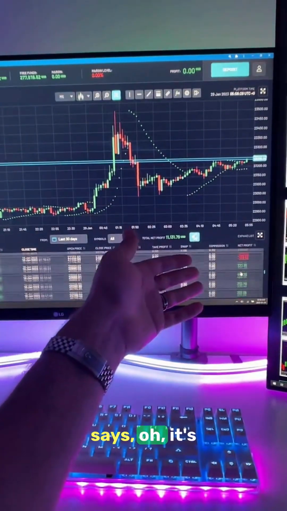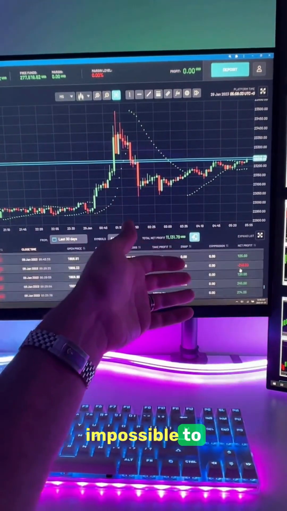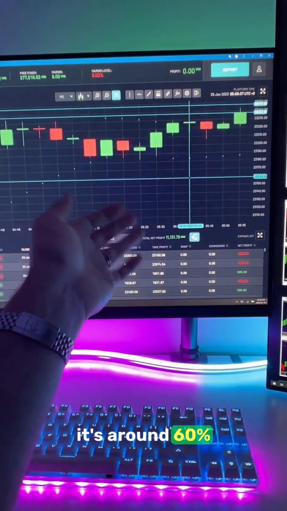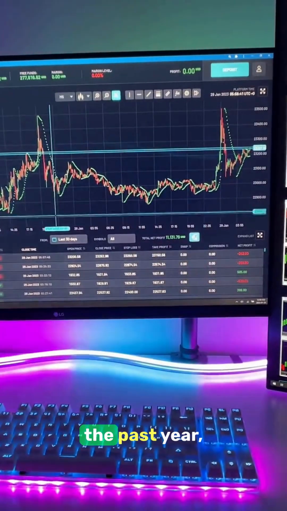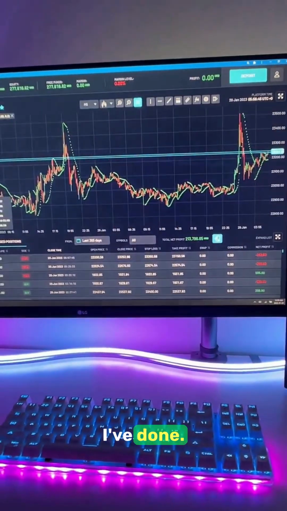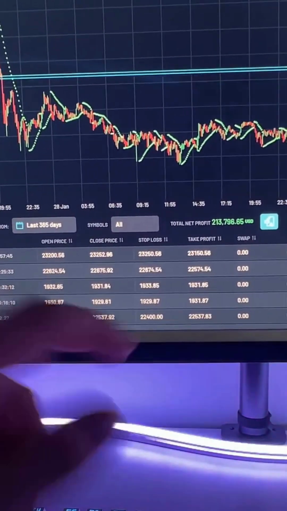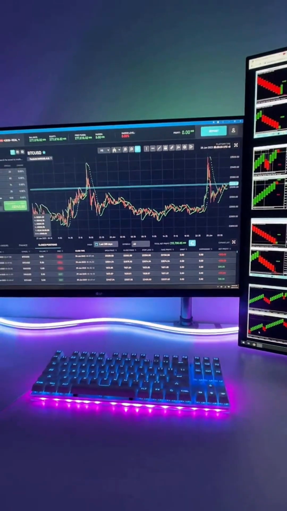So anyone who says it's a 100% hit rate, they're lying to you, because it's impossible to get 100%. If we tally these up, it's around 60 to 65% accuracy. That's what I have. And then in the past year, I'll show you how much I've done. Let it just load. So over the past 365 days, I'm at 213,000.